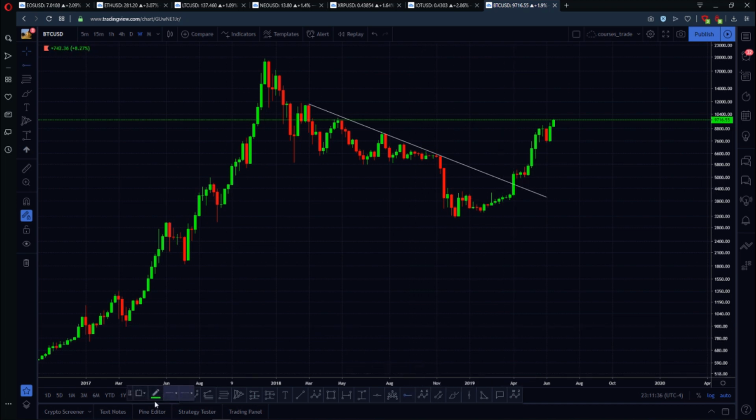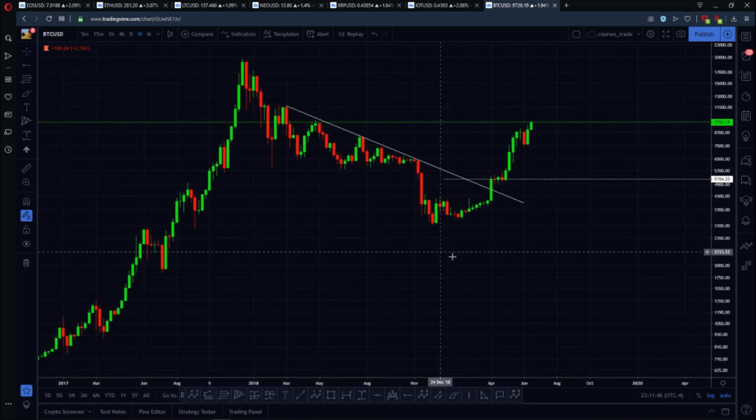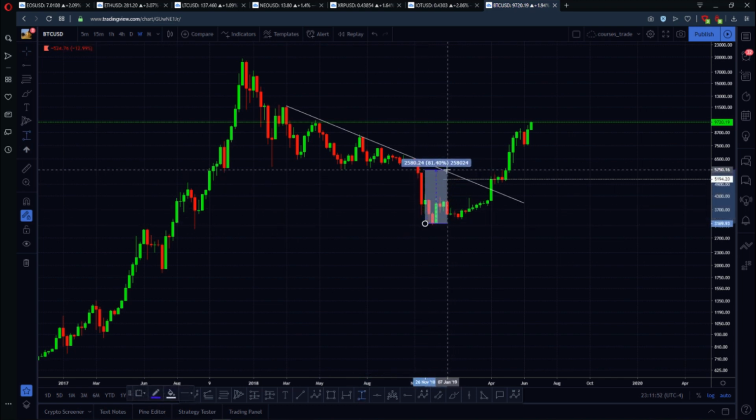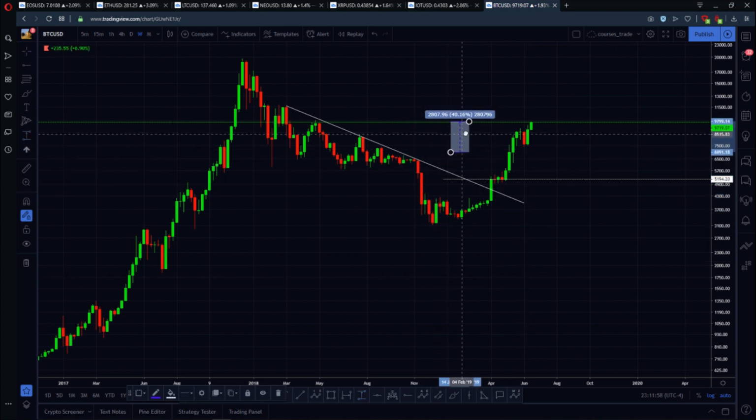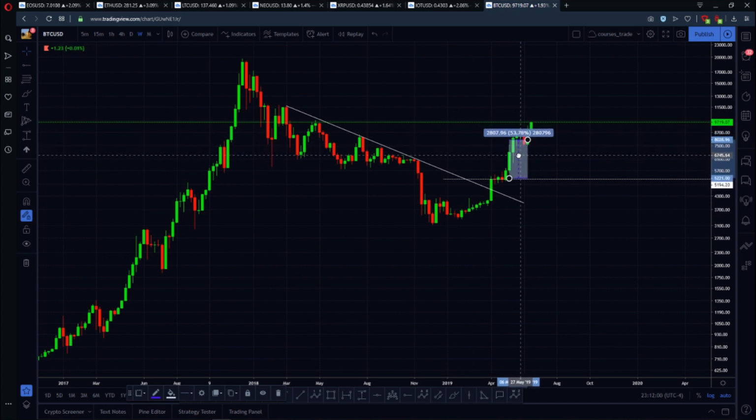So I'm gonna mark this candle. This is a very, very important candle for that very moment. And then what we're gonna do is measure the bottom that is the farthest from the trend line, in this case this one, and then we're gonna bring it anywhere here.